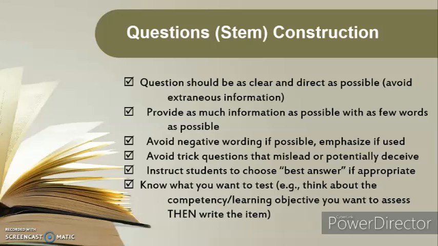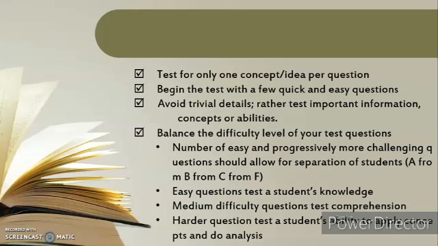For example, think about the competency or learning objective you want to assess, then write the item. And next, test for only one concept or idea per question. And next, begin the test with a few quick and easy questions.